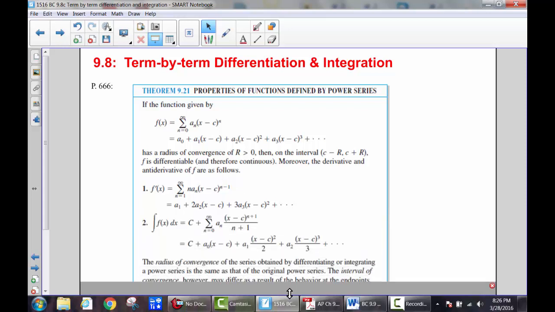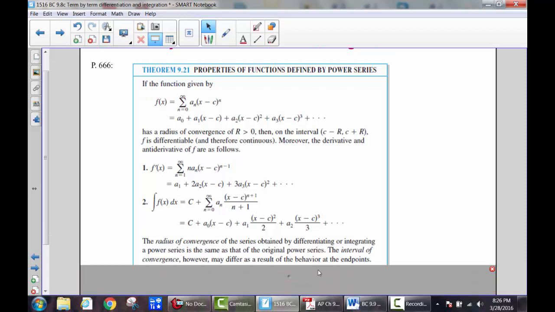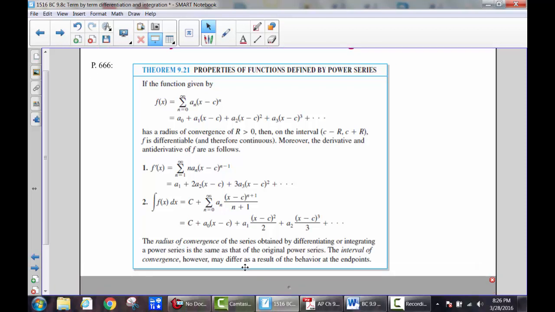And the key thing is that the radius of convergence of the series obtained by differentiating or integrating a power series is the same as that of the original power series. The interval of convergence, however, may differ as a result of the behavior at the endpoints. So the basic bare bones of the interval of convergence will be the same. You just might or might not include the endpoints.